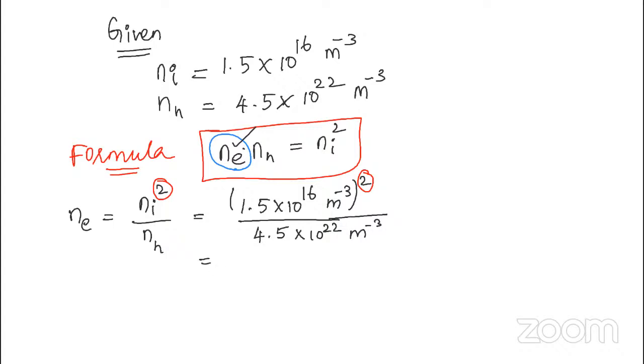For our convenience we make it a whole number: 1.5 into 10 becomes the whole number 15. So in 10 power 16 we write 10 power 15 into 10 power 1, and to make it a whole number we can decrease one value from the power.